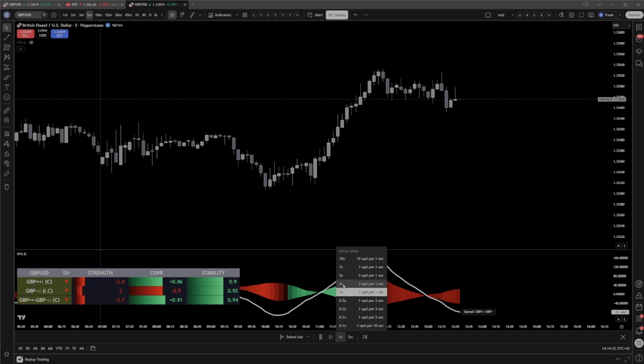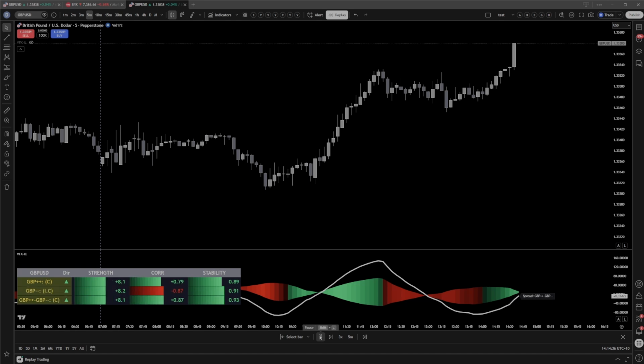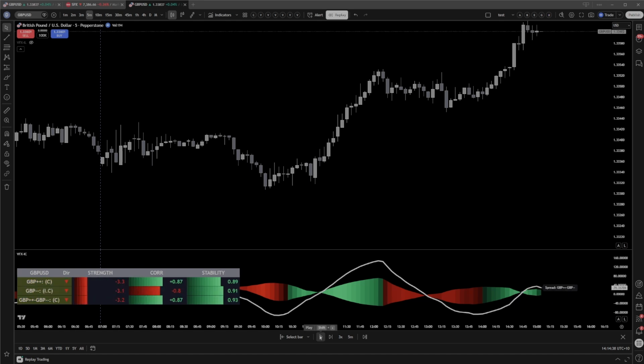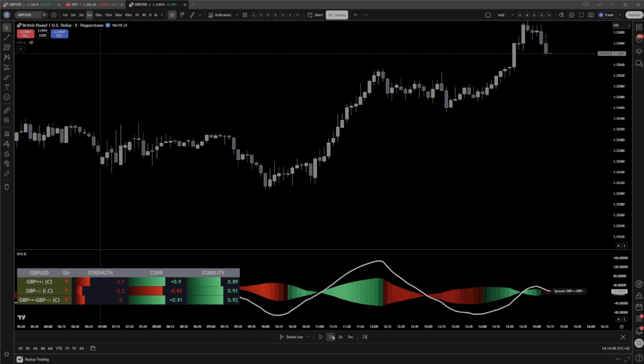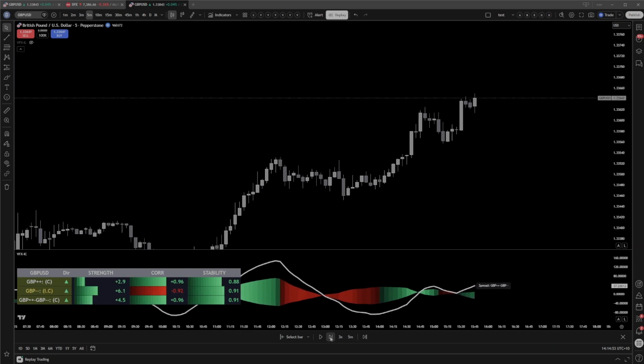Might increase the speed on this. Another upward move. You might have noticed back here where it's strong strength, the move has stopped. Synthetic spread has turned around. Price has shot back up.